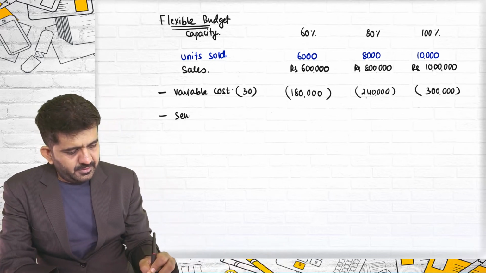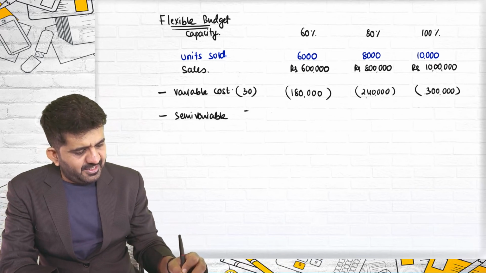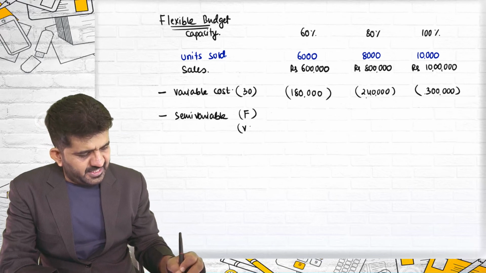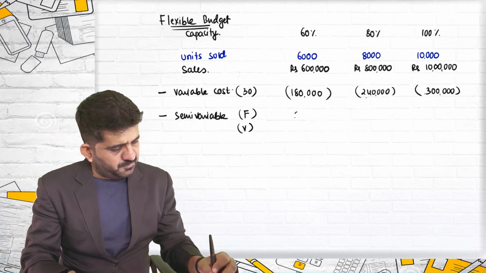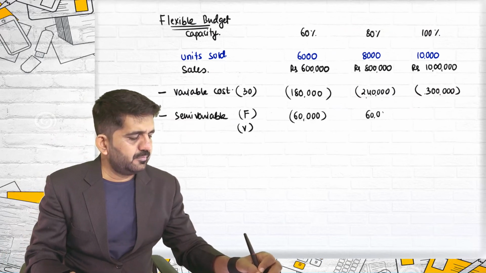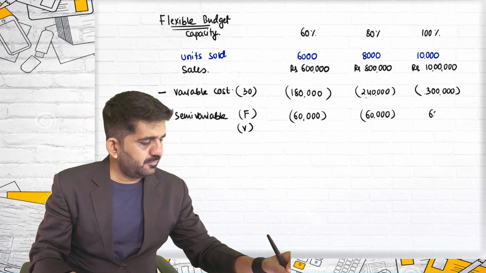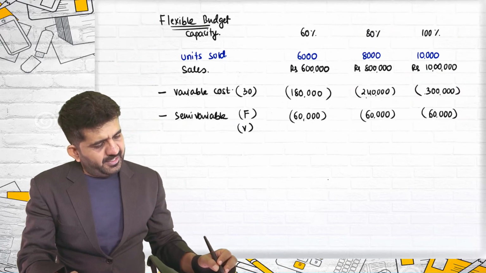Minus semi-variable. Semi-variable is having two portions, fixed and variable. What is fixed? 60,000 rupees is fixed. And 5 rupees is variable.